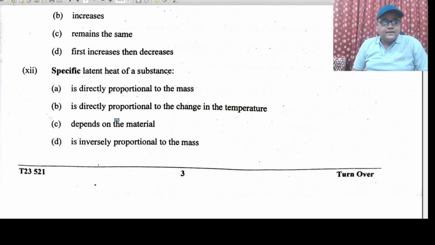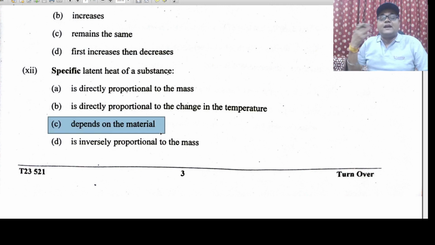C is the correct option. Different amounts of heat are required to break the bonds. When there is a change in state, the internal bonds are broken, and that is when the kinetic energy changes, the potential energy changes, and there is a change in state. So for 12, the correct option is C. Please note it down.